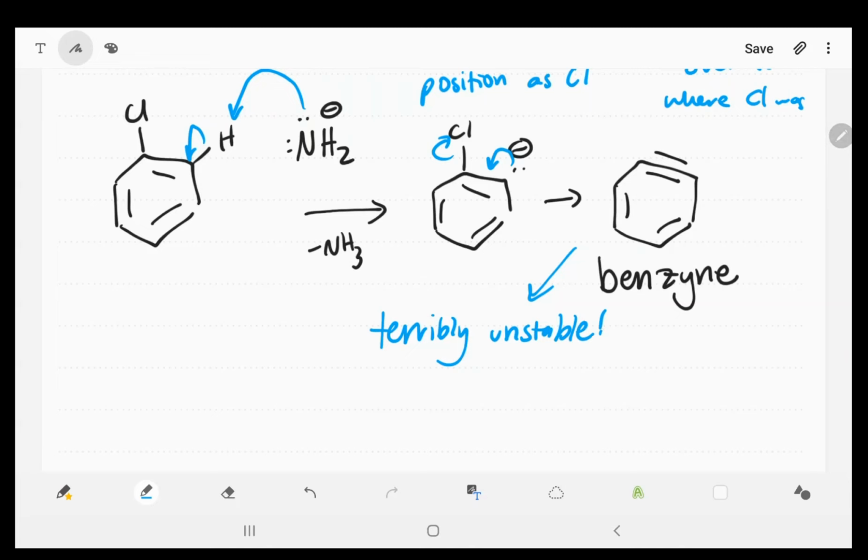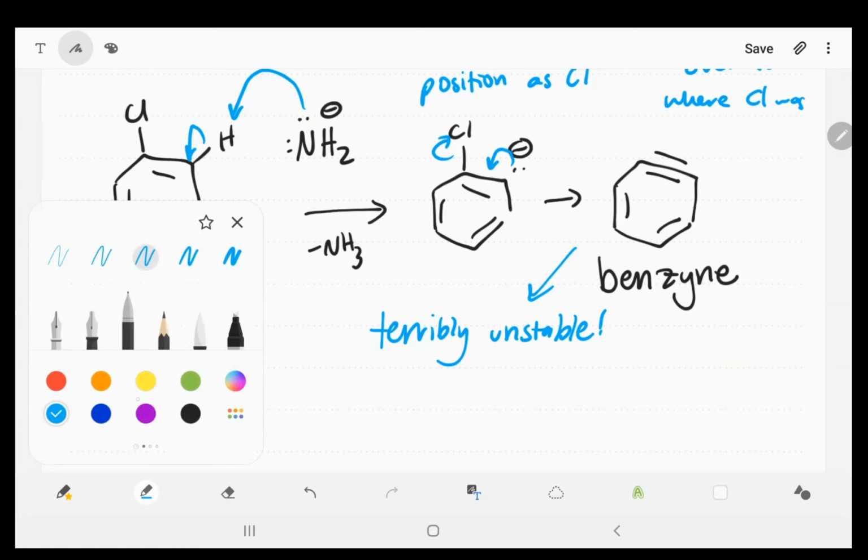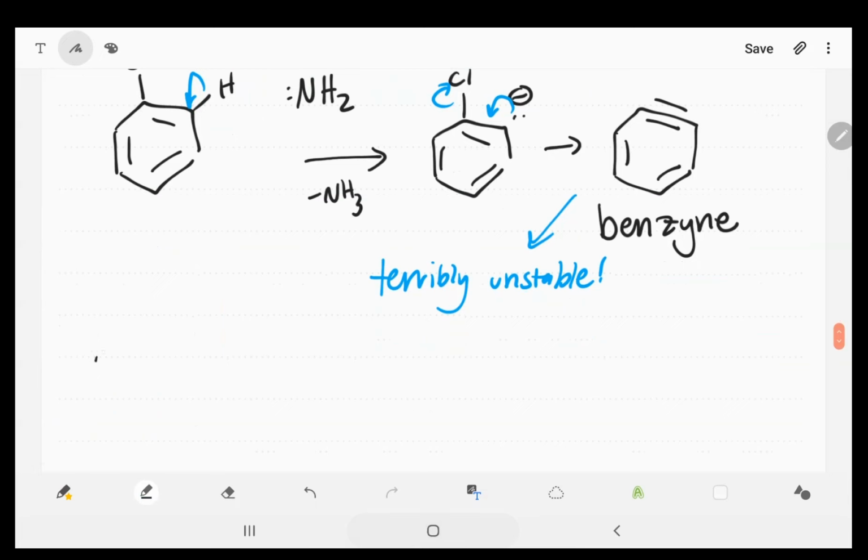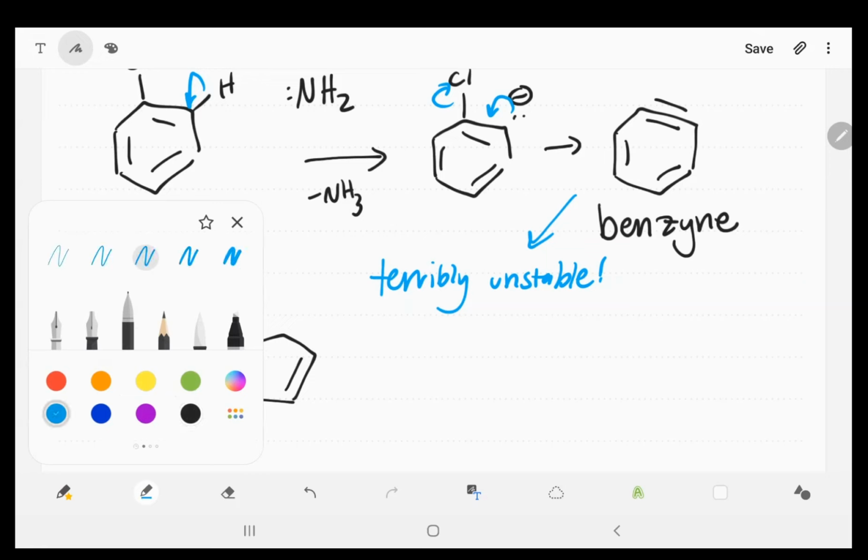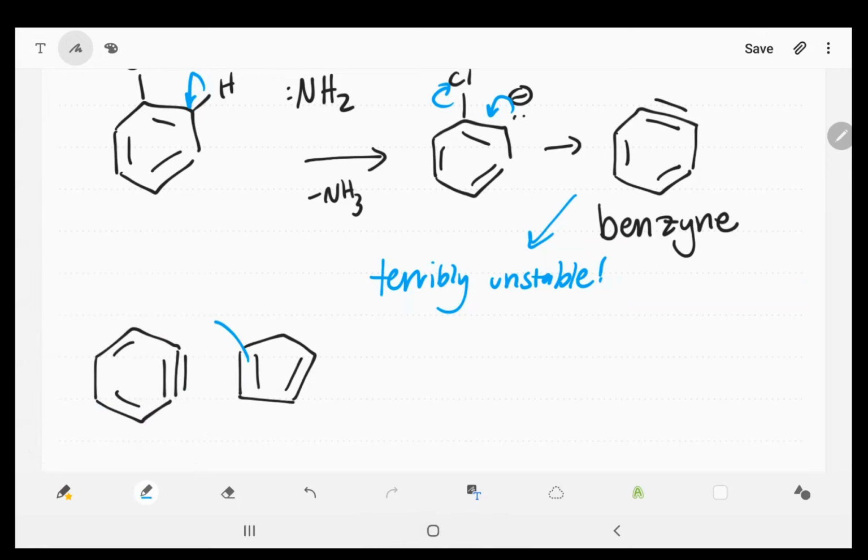And how we know that is actually through a Diels-Alder reaction. If you throw cyclopentadiene with this, you can actually capture the benzyne. So it's quite interesting that we have evidence that this is the intermediate that we have here. So I'm going to draw it super obviously here, but if we have cyclopentadiene, you actually get a Diels-Alder reaction between them.